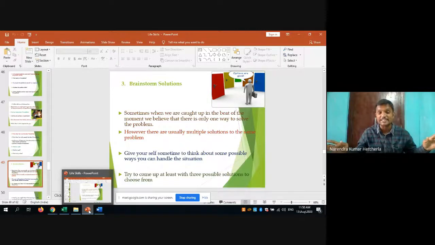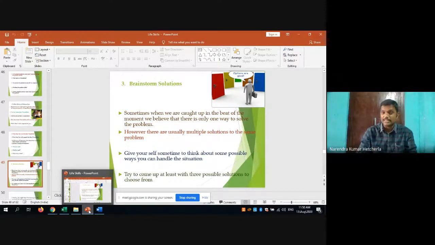Sometimes when you are caught up in the heat of the moment, we believe that there is only one way to solve the problem. Look at the picture that I have given you. There are around 5 doors, 5 options. That is 5 ideas, 5 ways to overcome the problem, to find a solution to this problem. That is what we call brainstorming.